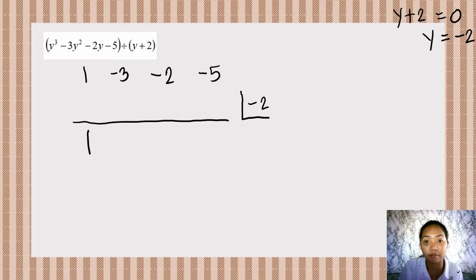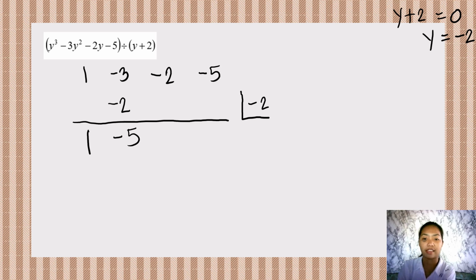We write negative 2 below the coefficient of the lesser exponent, here negative 3. And then we add. Negative 3 plus negative 2 is negative 5.